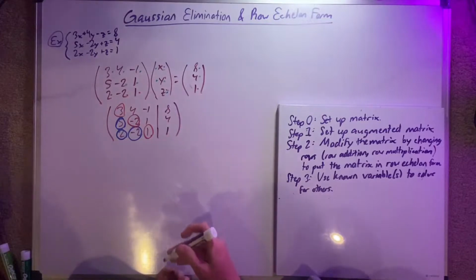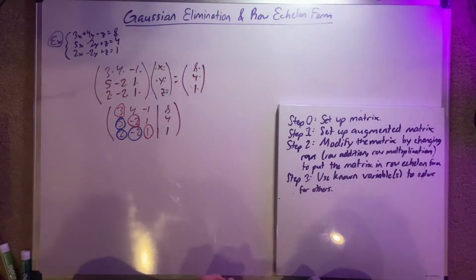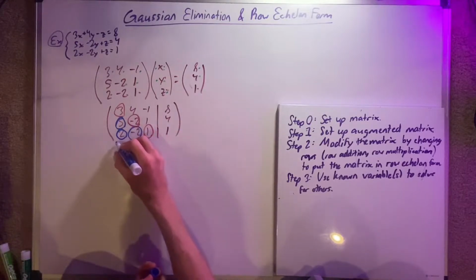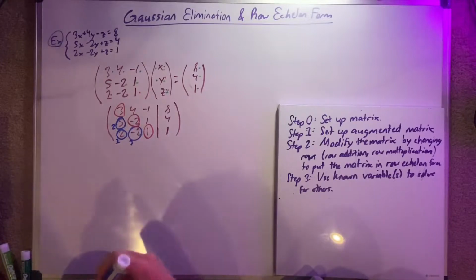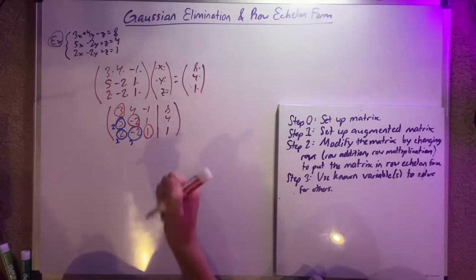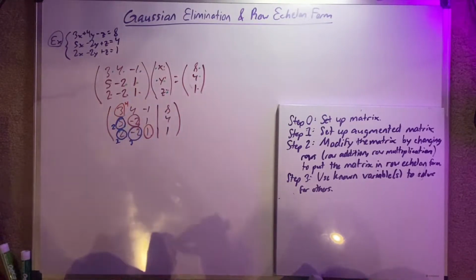Although I'm sure there are times where it would be more helpful to put it in full row echelon form with those equal to 1. So the steps would be: turn this one to 0 first, this one to 0 second, this one to 0 third, and then an optional fourth step, turn all the circled red ones to 1.